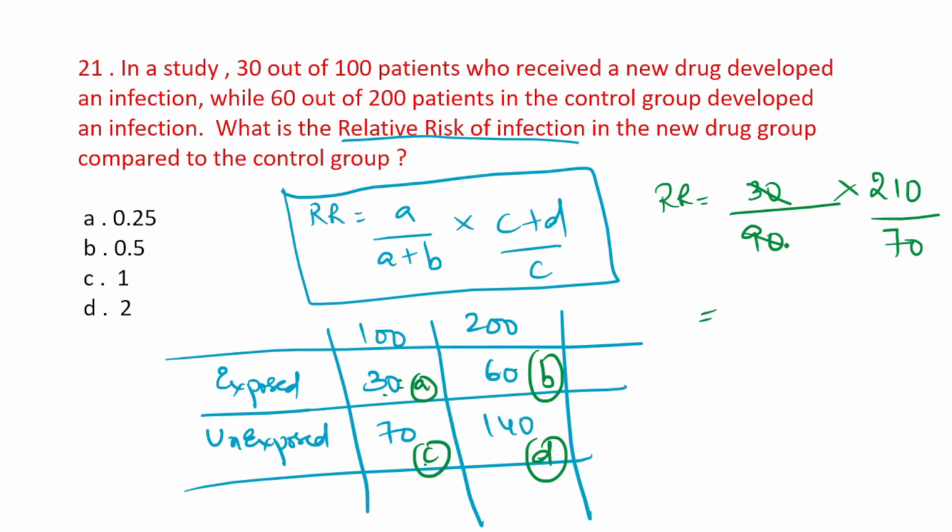Three 7s are 210, so 70 goes. So the answer for this question is 1. This is how we have come to the answer 1. I request all the students to please mug up this formula: relative risk is equal to A by A plus B into C plus D by C.